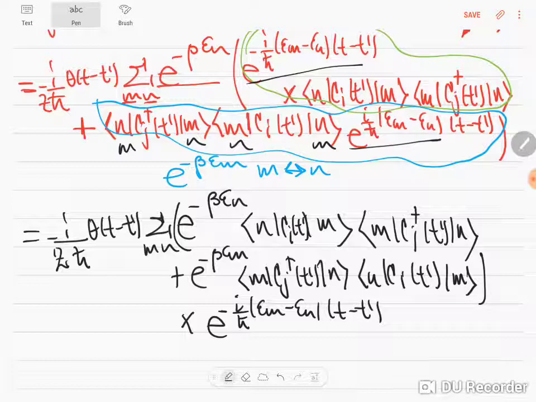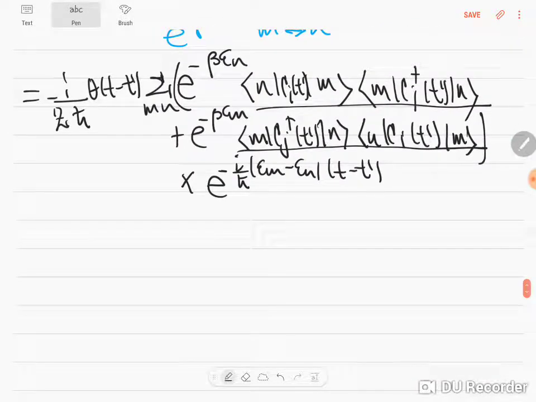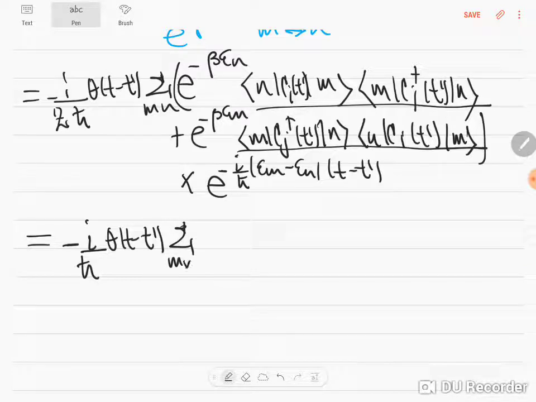And now what else can we note here? What we can note is the following. This thing here and this thing here are exactly the same, so we will factorize it. That's one of the purposes of changing m and n. So this is minus i over h bar theta of (t minus t prime), summation over m and n.